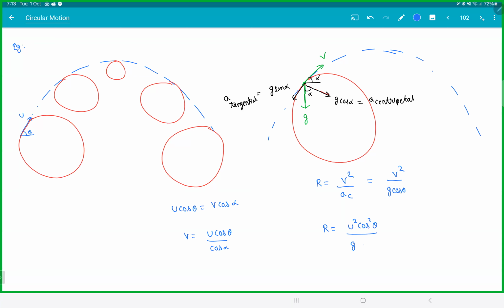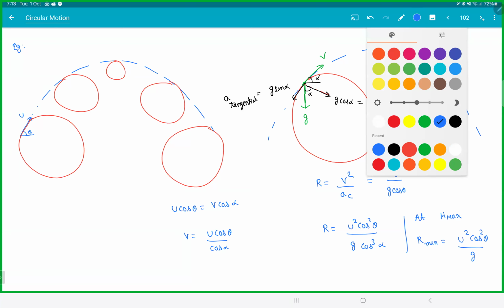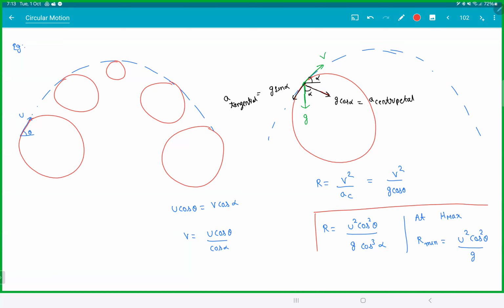That is your radius of curvature. And at h max, alpha is 0, so radius of curvature is minimum, which is u square cos square theta by g. So you get the smallest circle at the highest point.